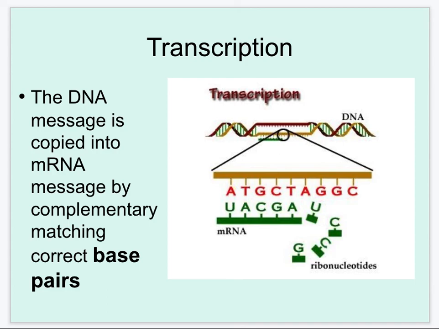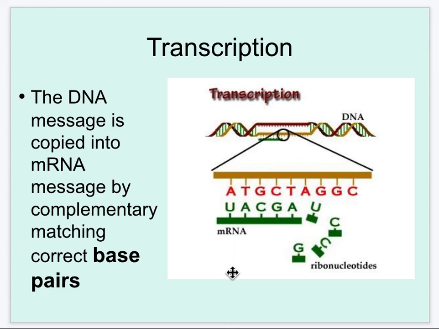So transcription, the DNA message is copied into mRNA. So it goes from DNA, and you get the mRNA strand by complementary matching correct base pairs. So if you look, you have the one strand of DNA that we've unzipped, A, T, G, C, T, A, G, okay, whatever it may be.